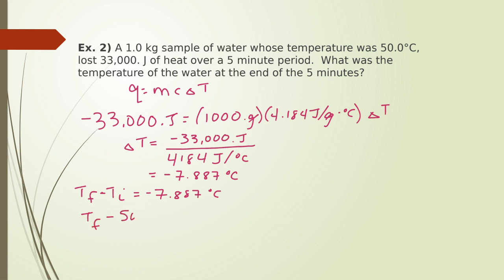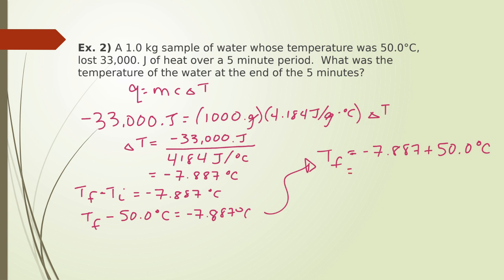My initial was 50 degrees C. So my final temperature is going to be equal to negative 7.887, and when I bring my 50 over to the other side, I'm adding it.